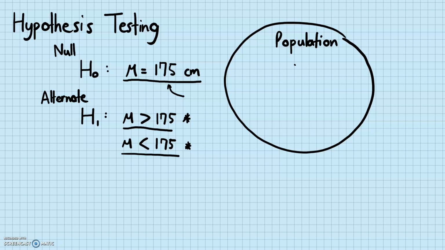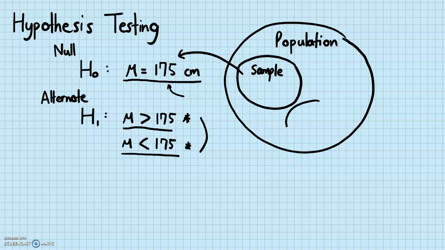Right? We pick a certain sample inside the population and measure their height to get our null hypothesis. Okay, and we're doing the same thing when we are testing our hypothesis. We are picking a sample inside the population and determining if it lines up with our null hypothesis.